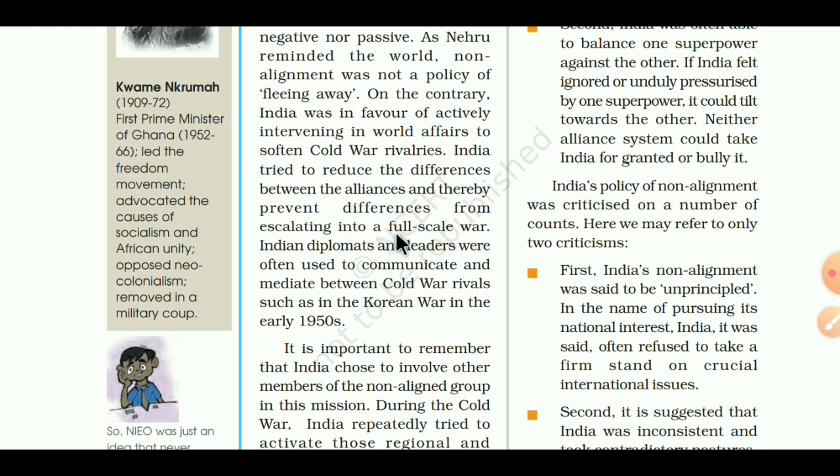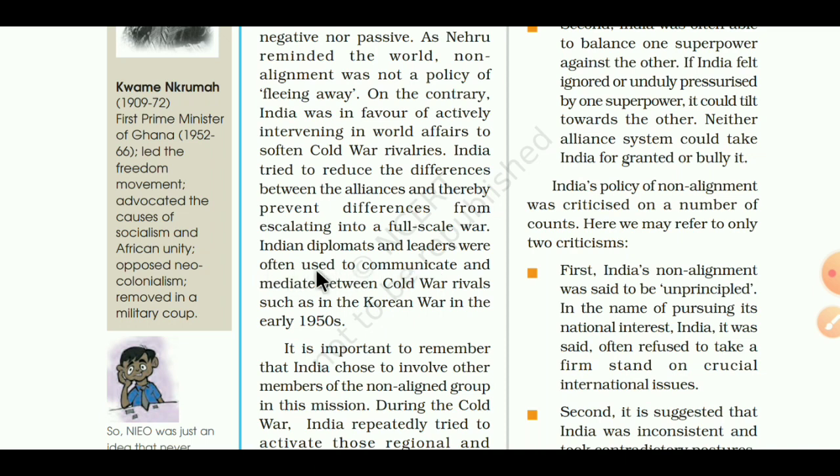And due to this, a third world war was not possible, because India always intervened between the powerful countries and the two blocks. Whatever they form today, NATO and many other organizations, India will always try to intervene between the two superpowers and try to control their war, and stop full-scale war from escalating.